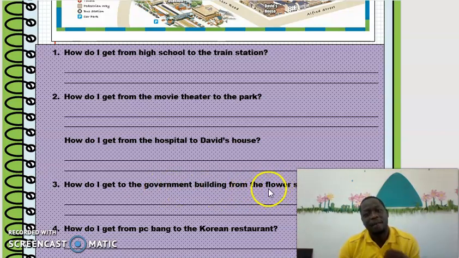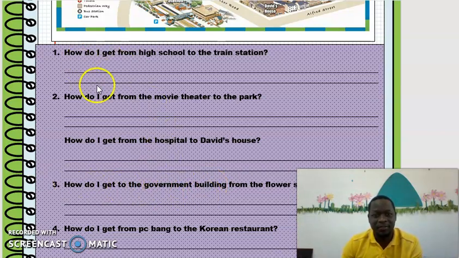Which means my current location is the flower shop, and the direction I'm asking for is the government building. Do you understand? The first questions were all asking from, to, but here there was a switch: they started with to, from. Don't get confused. It's still the same thing: to means where you're going, from means where you are at the moment.